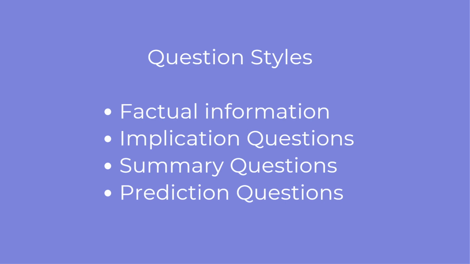Broadly speaking, I noticed 4 main styles of questions. First up, and the most common, are the factual information questions. These are where you have to correctly identify a specific detail that was mentioned in the conversation. Next up were implication questions, or you might call these inference questions.